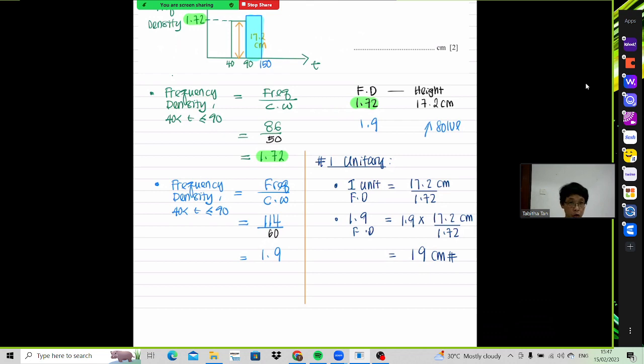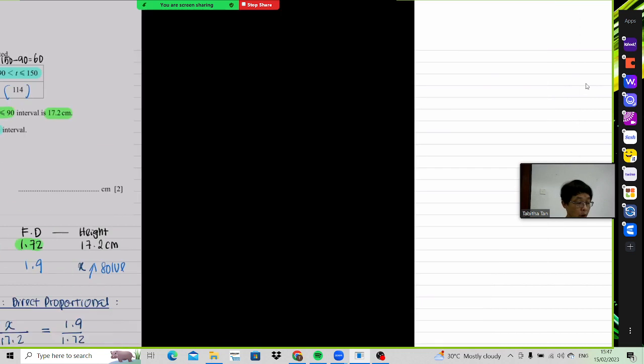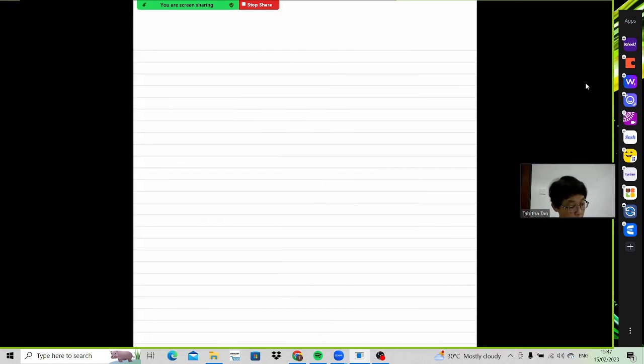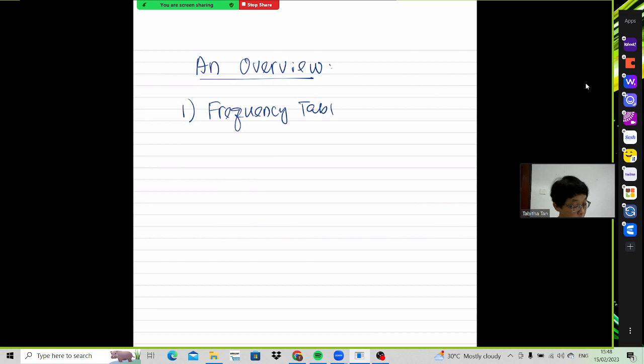In short, in summary, what do you need to do? First, from the frequency table they give to you, use the frequency density formula to convert it into frequency density.